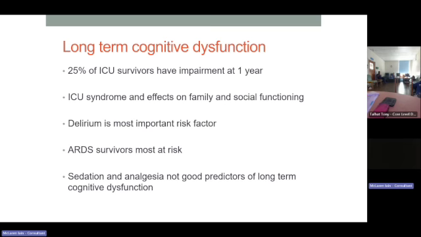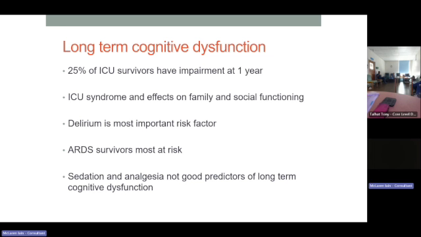A lot of them will have developed what's now known as ICU syndrome. And this has a major effect not only on the individual and their ability to return to work or integrate into society, but has major effects on their families and caregivers as well.